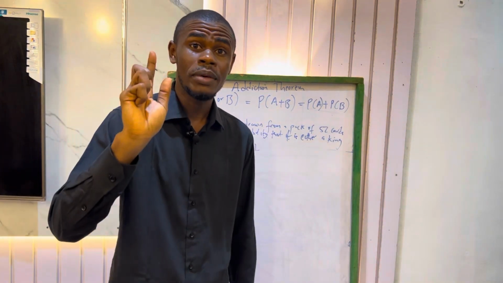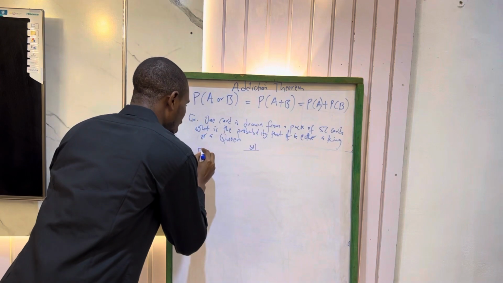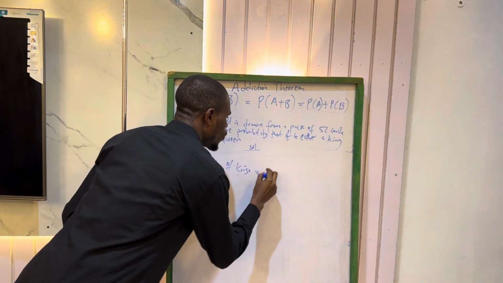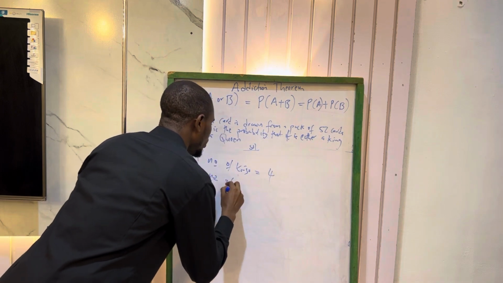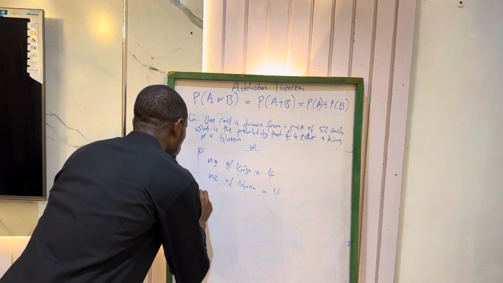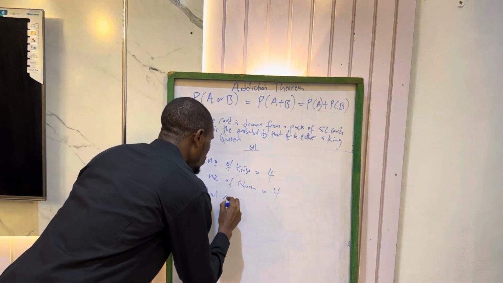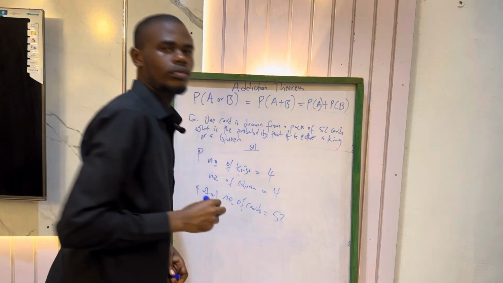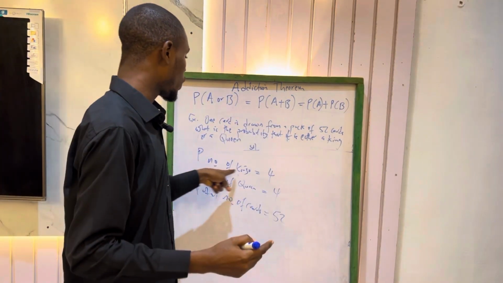Since we have how many kings? Let's start with saying the number of kings is equal to 4. The number of queens is equal to 4. And the total number of cards is equal to 52. So what's the probability of a king occurring?